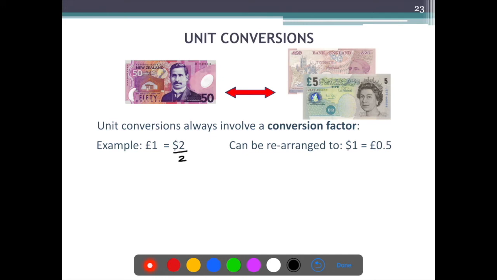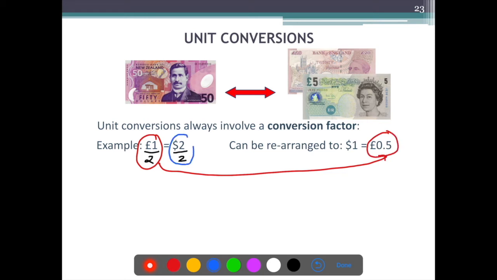Whatever you do on one side of the equal sign, you have to do on the other side as well. So 1 pound divided by 2 will give you 0.5 pounds, and $2 divided by 2 will give you $1.